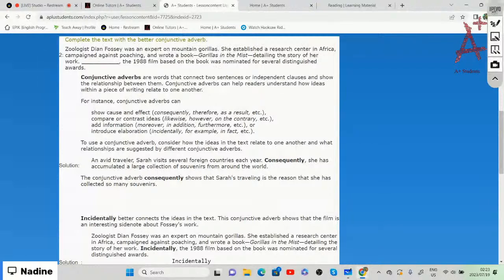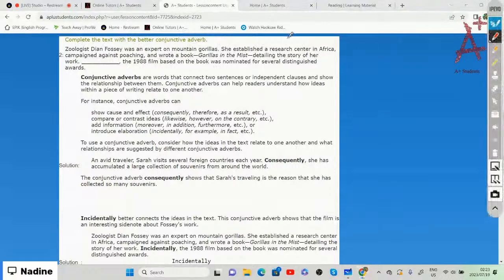The word that we are going to use is incidentally. So, incidentally is the word that we are going to add over there in order to connect the two sentences. So, incidentally, right, it is her elaborating now.